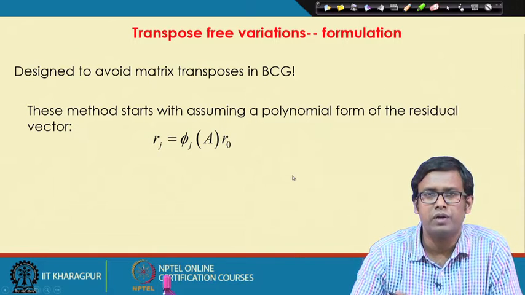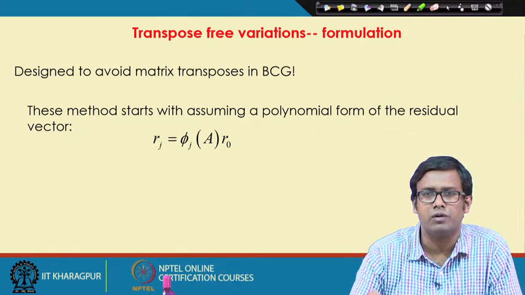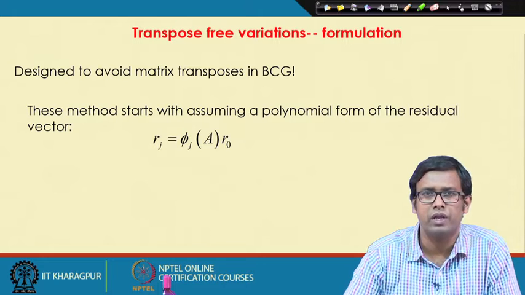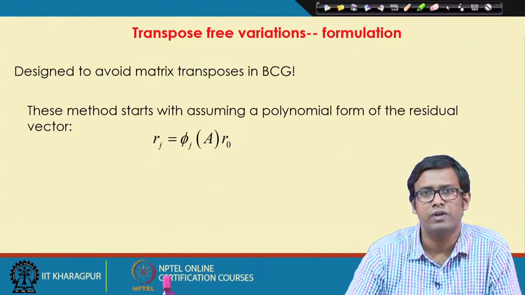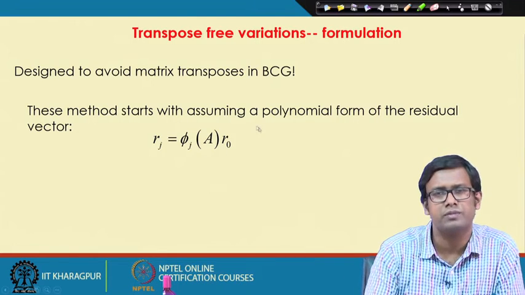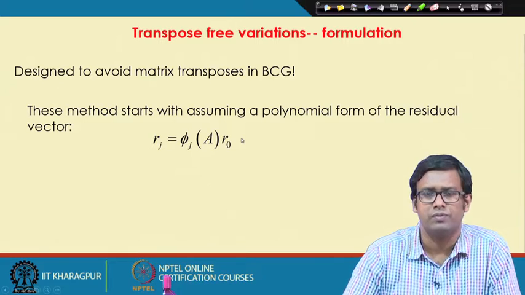So, it might look a little difficult to appreciate how a polynomial of a matrix will look like. A polynomial of a scalar will give us a scalar, a polynomial of a matrix will give us a matrix. So, finally, it is a matrix multiplied with R0.